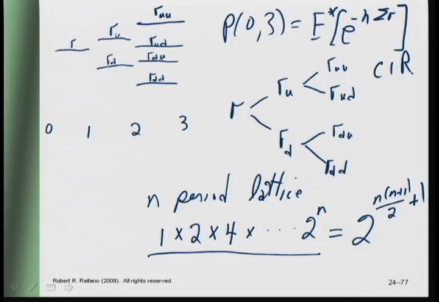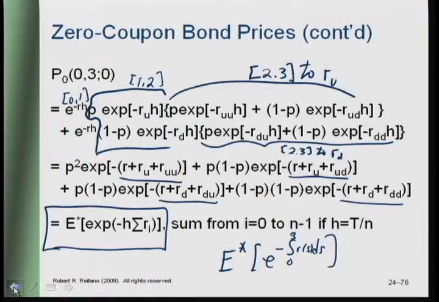So first of all, note that one can generate, using the Cox-Ingersoll-Ross approach, a price explicitly in terms of a risk-neutral probability of all possible combinations. And that's easy to do. Now notice that when you do this expectation, you need probabilities for each one of these paths. These 4 paths in this example are not equally likely. Indeed, we see from the prior that the probability of this upper path is p squared.